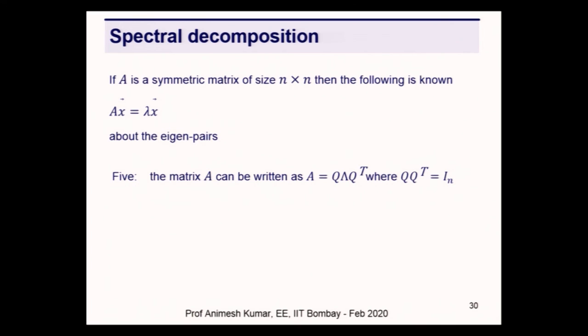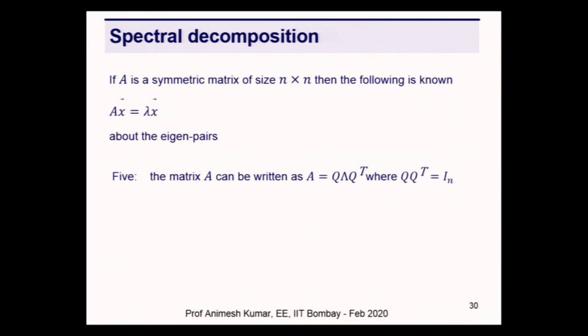as well as orthonormal rows. So the main idea here is that the matrix A can be written as Q lambda Q transpose, where Q has orthonormal columns, and not very surprisingly, the columns of Q are nothing but the eigenvectors of the matrix A. Let me explain this.